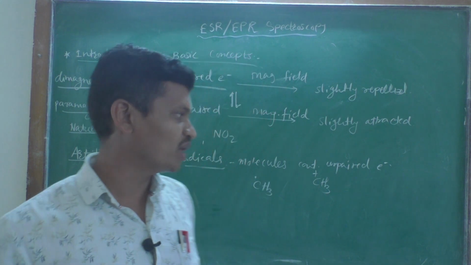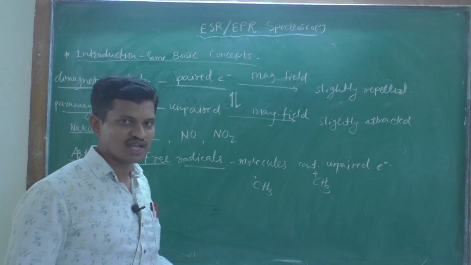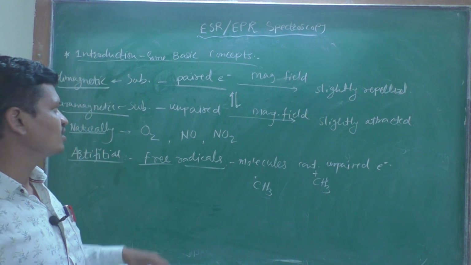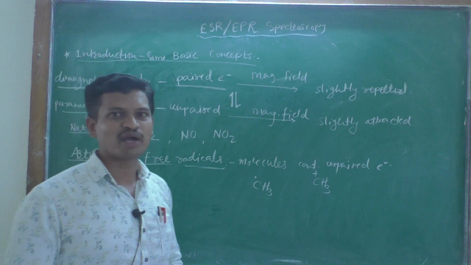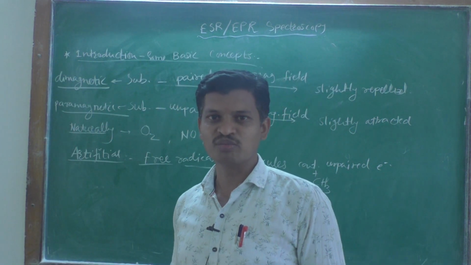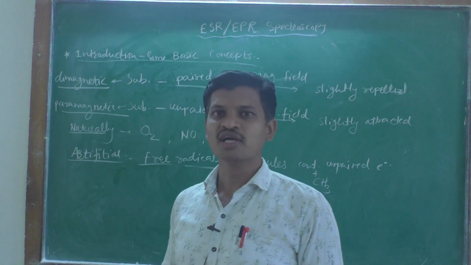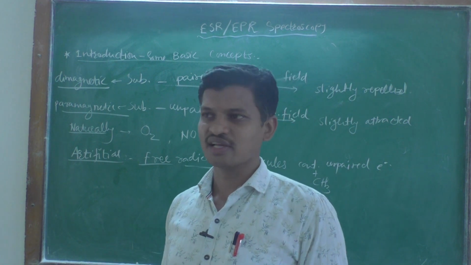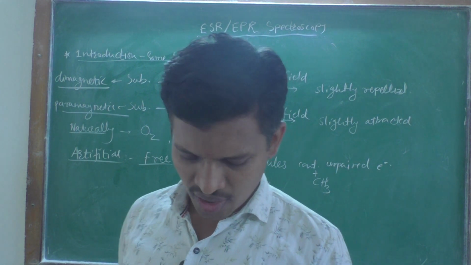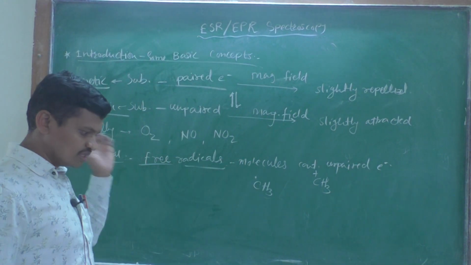Such species are known as free radicals, and these free radicals are chemical substances which are paramagnetic in nature. That means if they are placed in an external magnetic field, they are weakly attracted, and hence they are called paramagnetic substances.